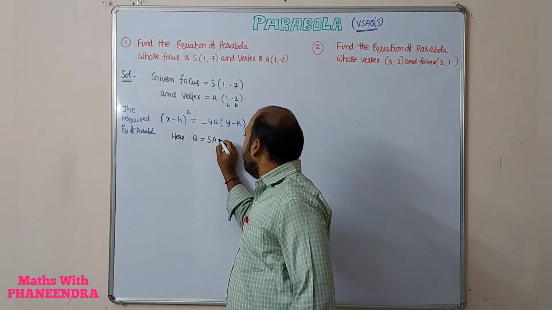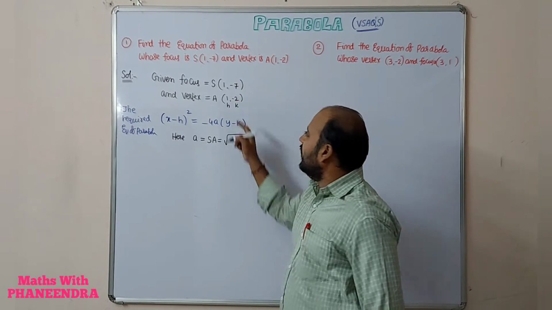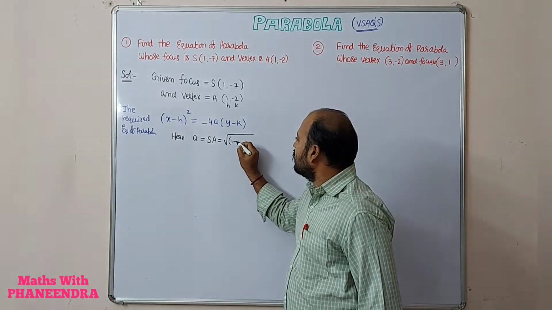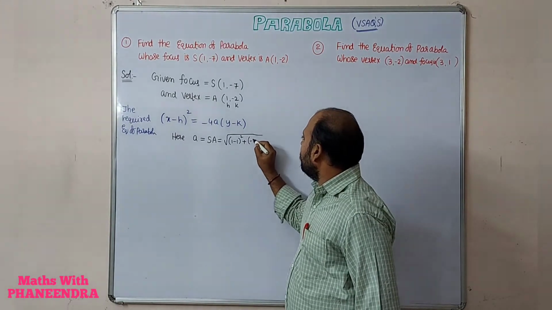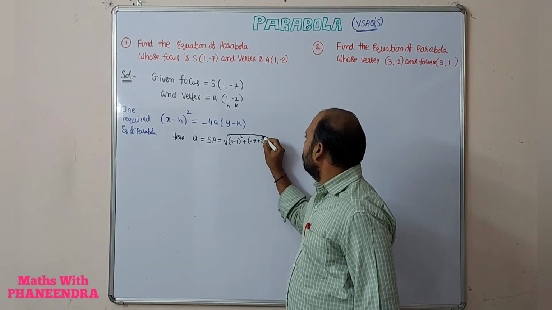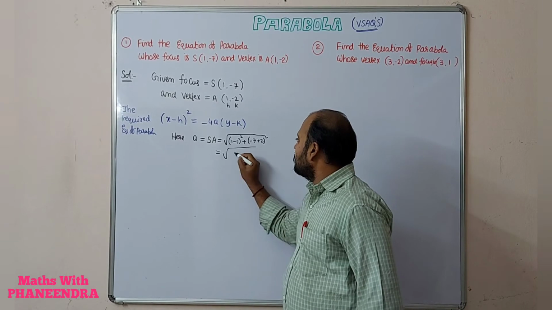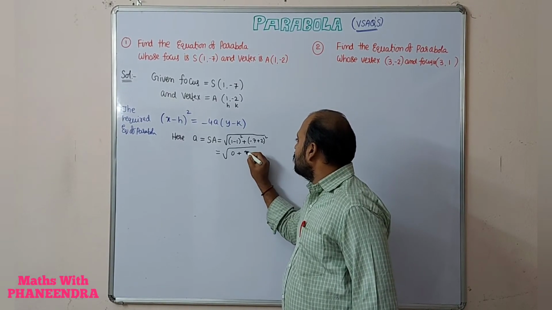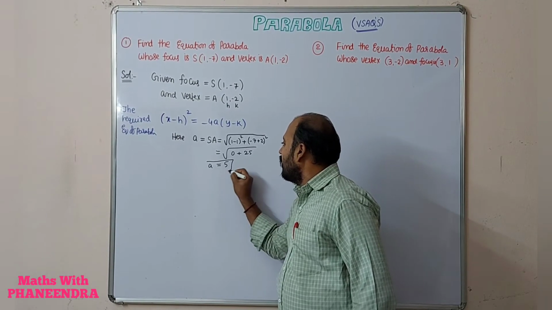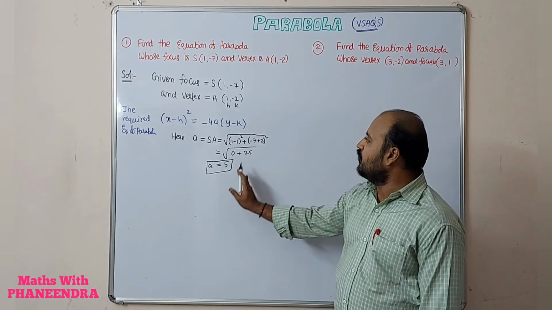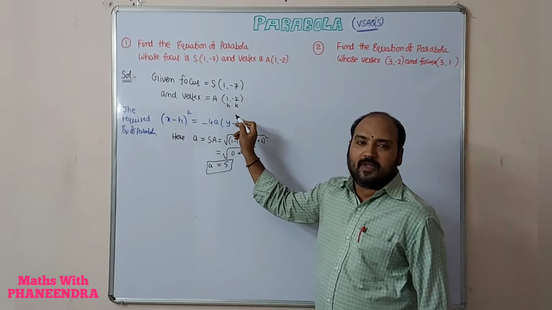A is equal to SA, distance between S and A. So square root of 1 minus 1 whole square is 0, plus minus 7 plus 2 whole square, which is equal to square root of 0 plus minus 5 whole square is 25, root 25 is 5. So small a value 5, we got it. A value 5, h comma k values are 1 comma minus 2.